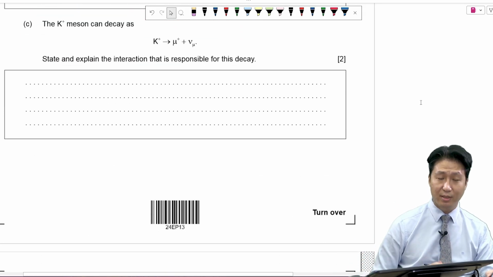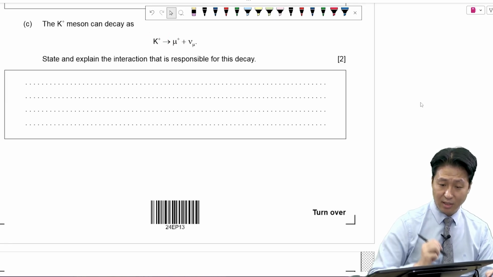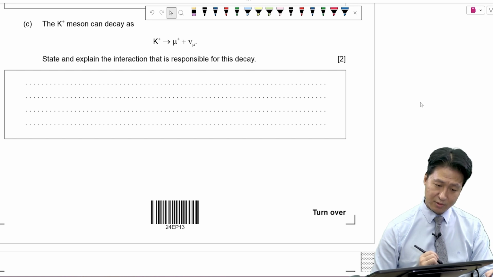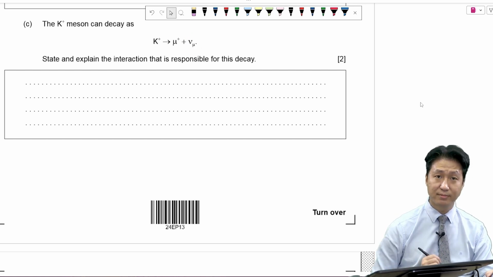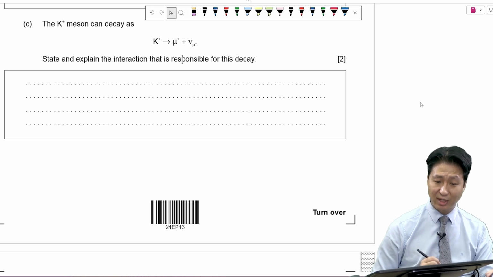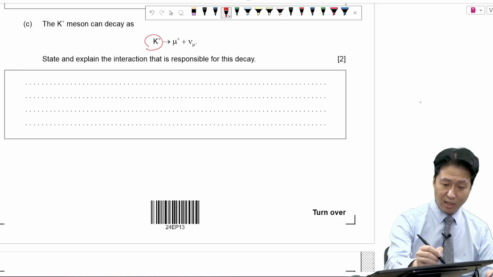Part C, the positive kaon meson can decay as positive kaon, making a positive muon plus muon neutrino. State and explain the interaction that is responsible for this decay. So it has positive kaon and has neutrino.